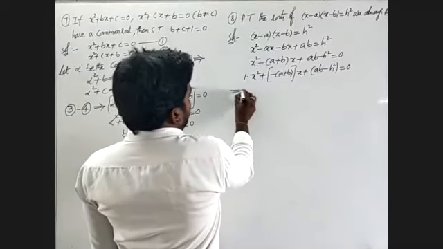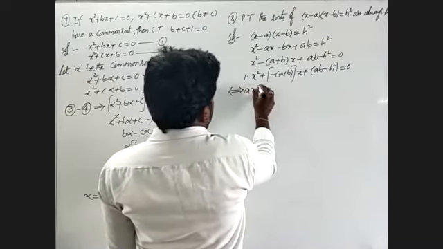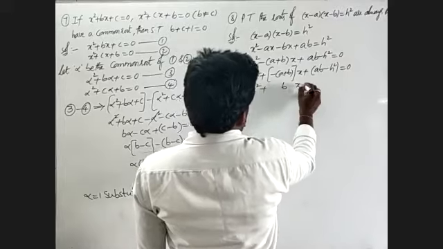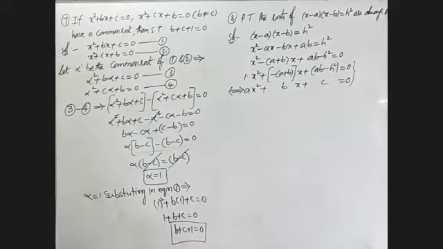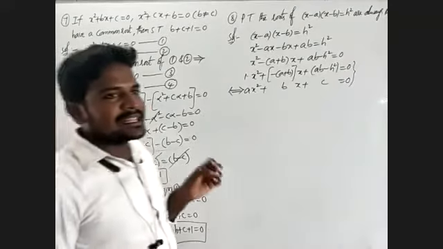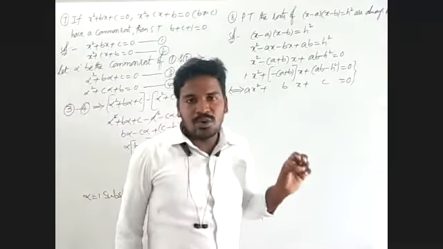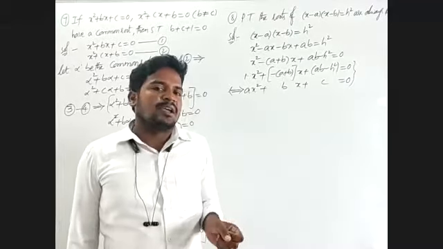Okay, the given one can be compared with ax square plus bx plus c is equal to 0. We will take their discriminant. Already we discussed this in the previous class.